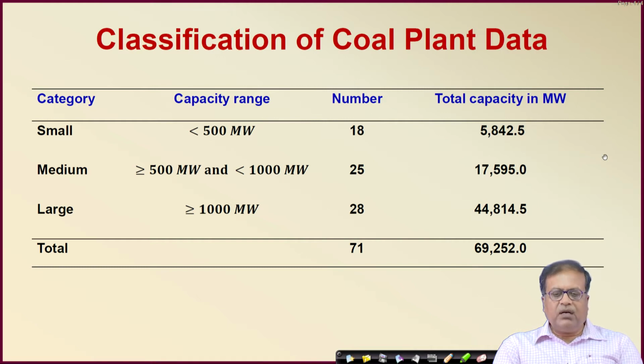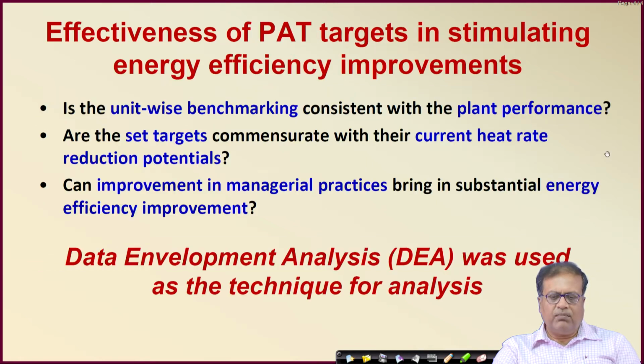So, 71 such coal plants' data has been taken up: 18 from small, 25 from medium and 28 from large, with different capacities. So, in 71 coal plants this study has been made.